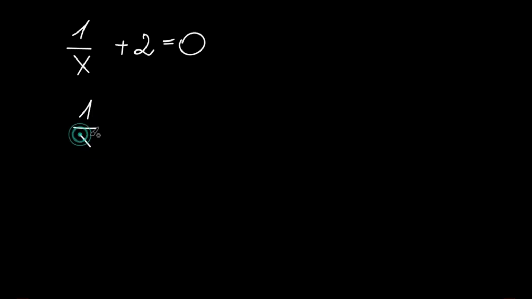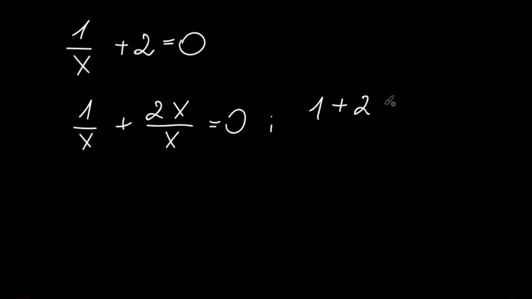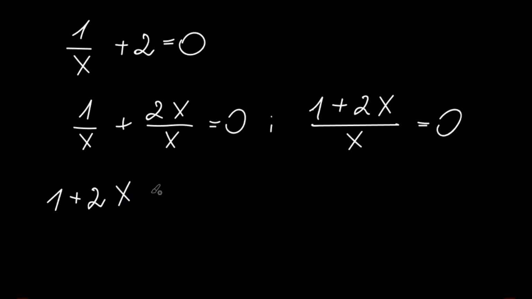So we get 1 over x plus 2x divided by x is equal to 0. Now that our denominator is common, we can simply add the fractions, and we get 1 plus 2x divided by x is equal to 0. Now we see that 1 plus 2x must be equal to 0 and x can't be 0.